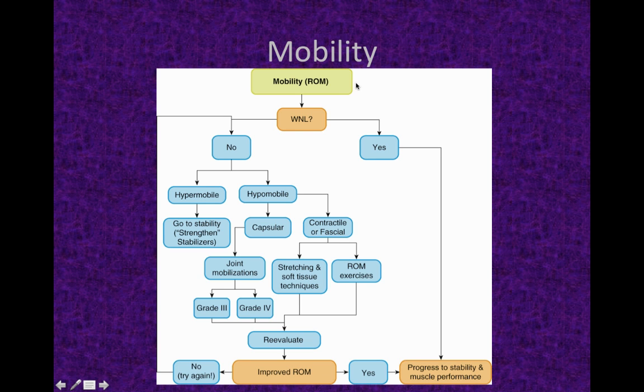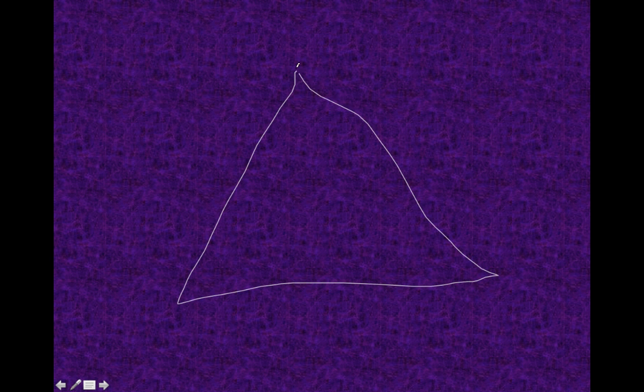More realistically, if you can remember the old food pyramid, hang on, I have to turn the pen back on. If you remember the old food pyramid, it was a pyramid, but it had sections this way. It's kind of a good way to think about this.